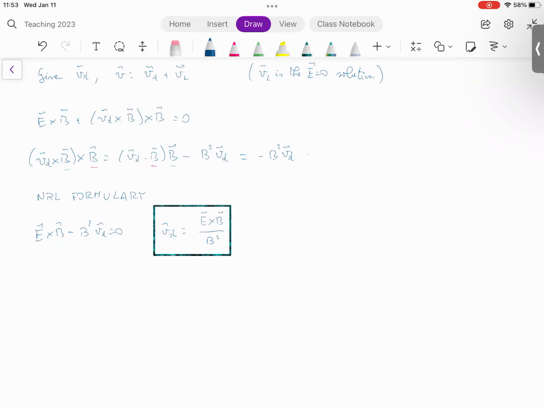But now that I've found this velocity, I can write the complete solution for my velocity. That's going to be given by my V parallel, that was Vz in the notation I used earlier.